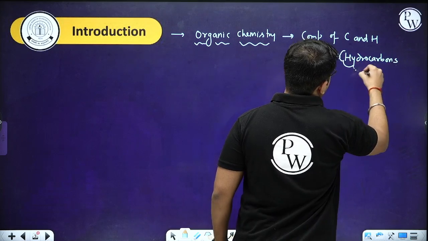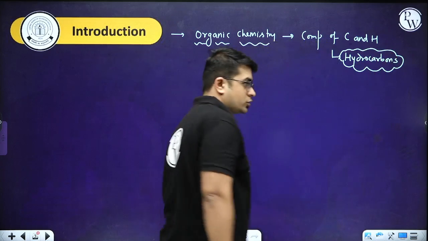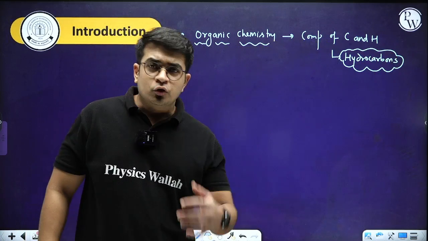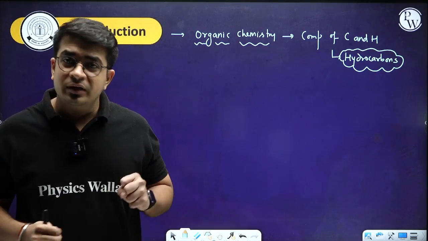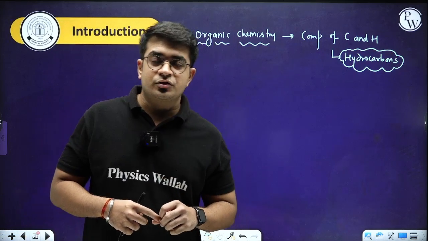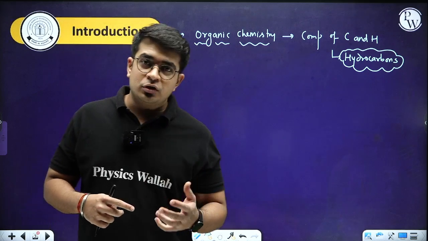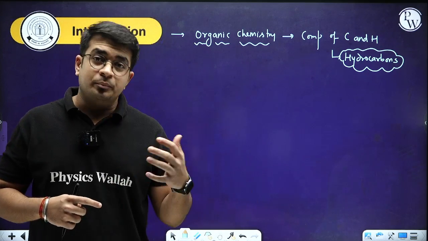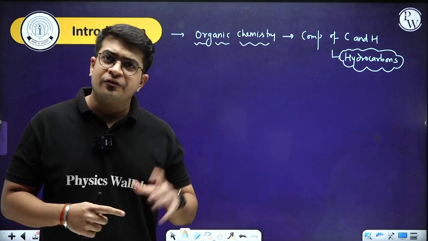But we have discussed certain compounds of carbon and hydrogen in inorganic chemistry also. But most of the compounds are derived from the earth crust. So the basic idea of organic compounds is those compounds which were present in living beings or living organisms. This was the old definition, the old concept.